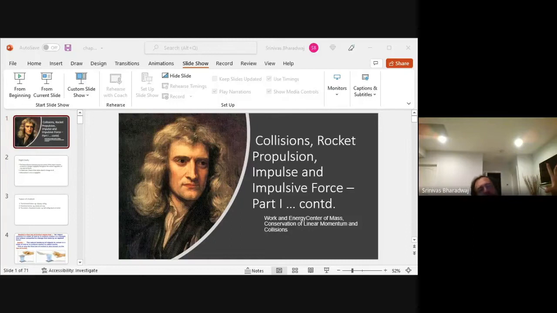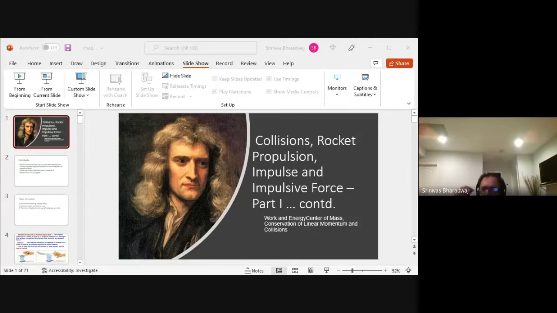If M1 is very big with respect to M2, and U2 is 0, a big body comes and hits it, it's just going to get steamrolled. V1 will be equal to U1.